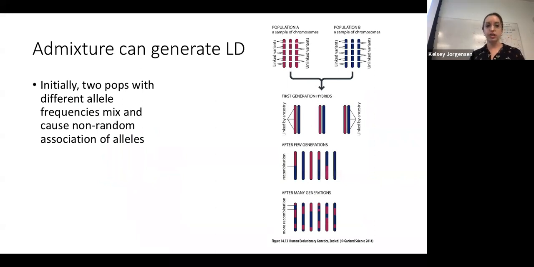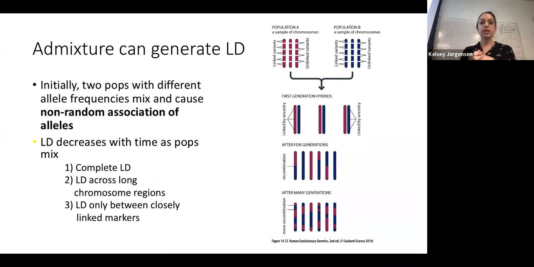And when you also think about admixture, this will disrupt linkage disequilibrium, and linkage disequilibrium, or LD, which I'm going to say because linkage disequilibrium is kind of a mouthful. LD is basically the non-random association of alleles. So when you think about admixed populations, they are going to have disruption of this, right?